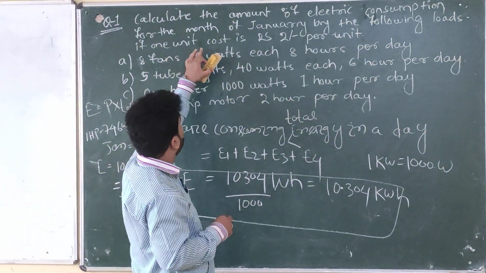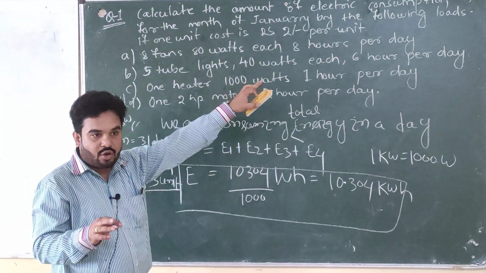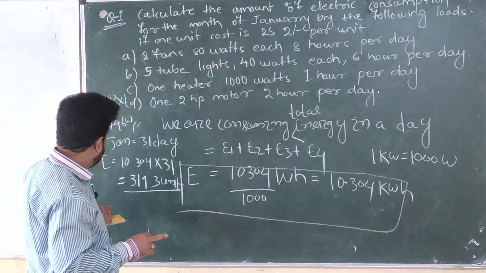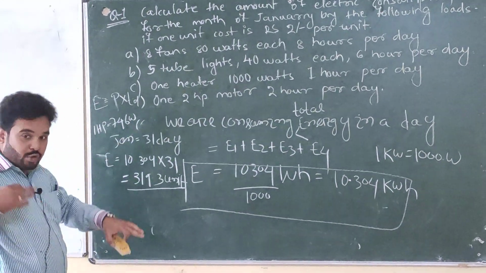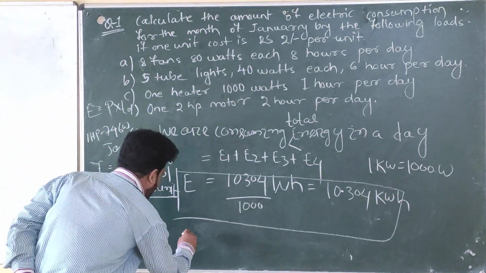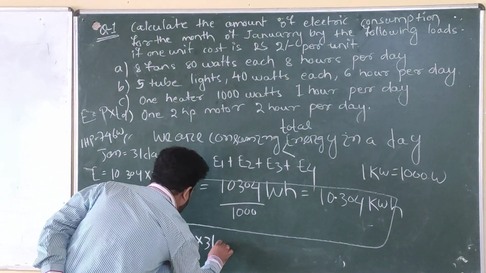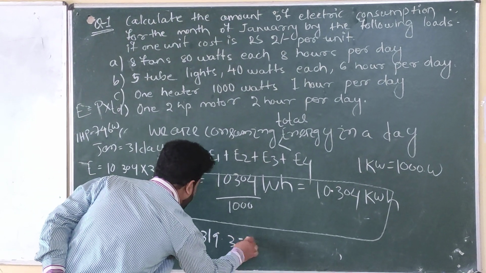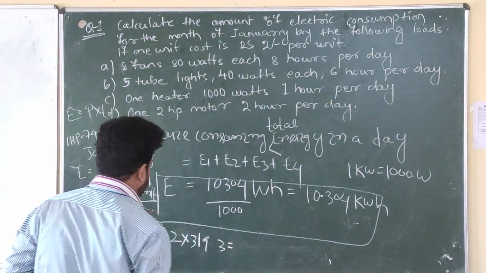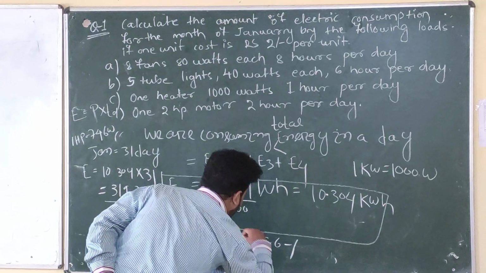Then what is the question? If 1 unit cost is Rs 2, then how much rupees will we give to the company or the government? So simply multiply 2 into 319.3, which is 638.6 rupees.